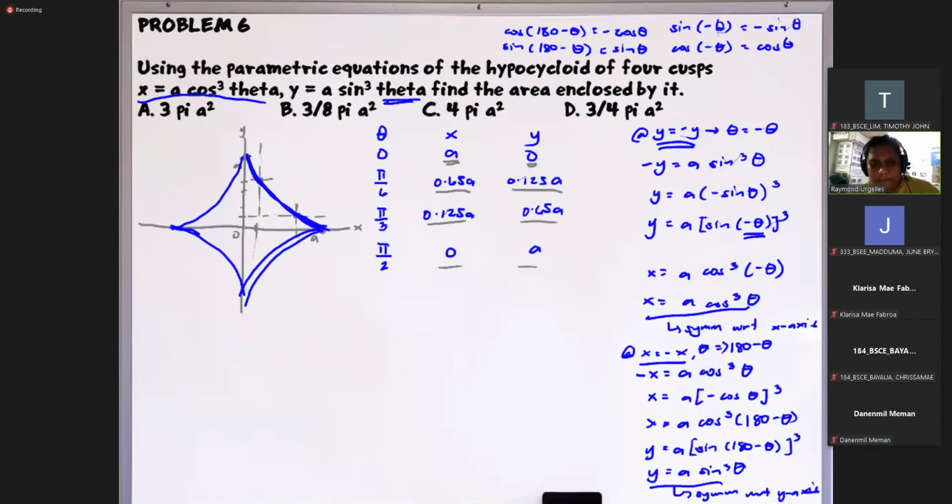Okay? Again, because of its symmetry, we can divide this into 4 parts, and we can just solve the area of one part.